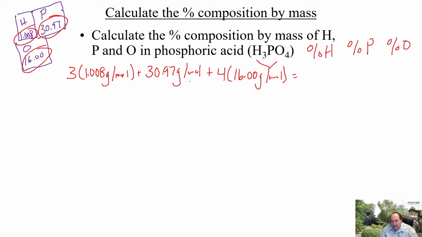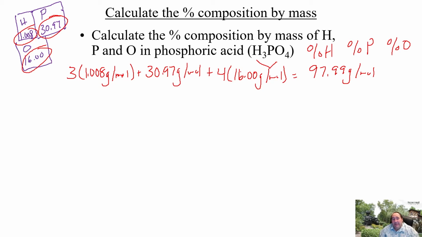Taking all those together, we're going to get 3 times 1.008 plus 30.97 plus 4 times 16. That's looking like 97.99 grams per mole.